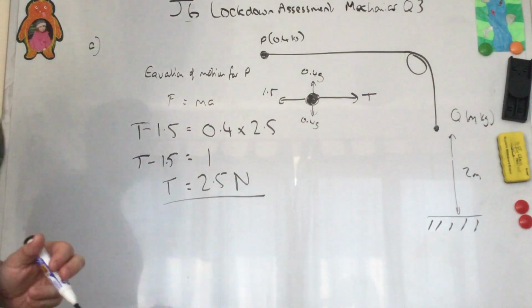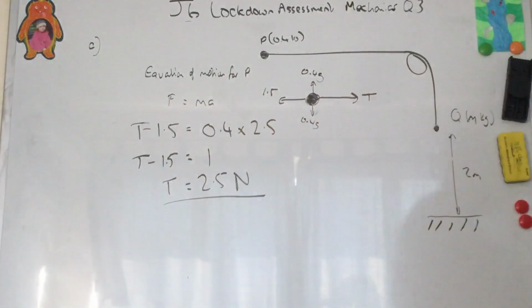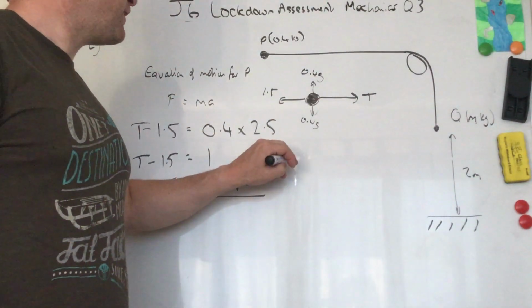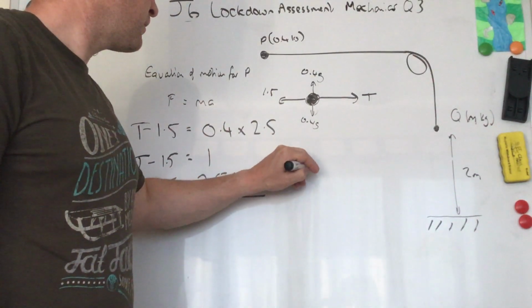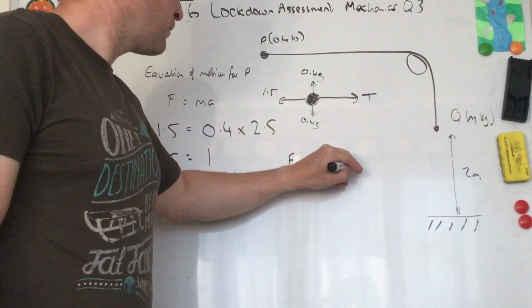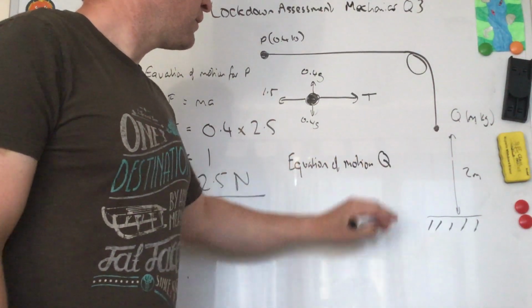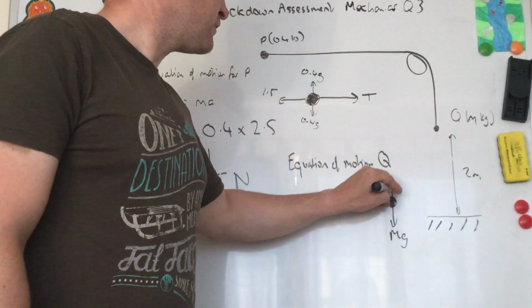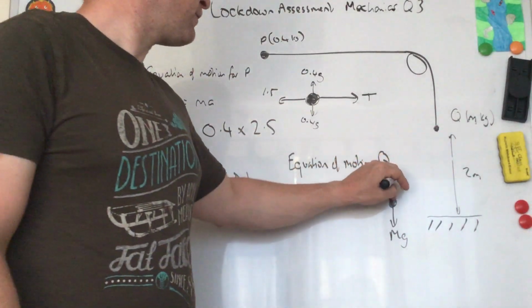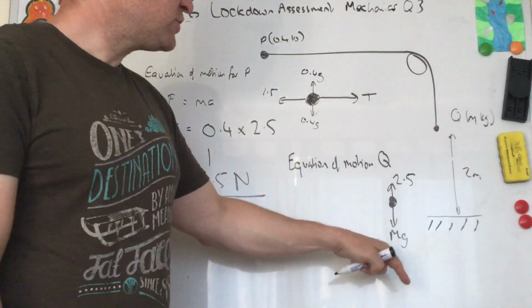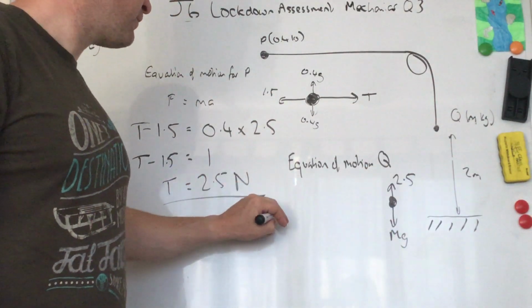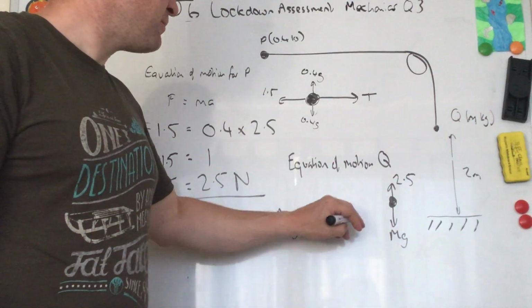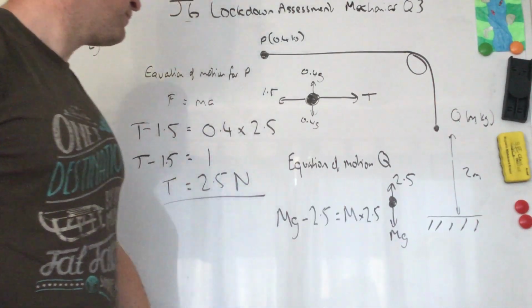It's that simple. And then the next part of the question, I think it's part 2, find the value of M. So if we do an equation of motion for Q, Q has got weight on it, mg, and it's got tension on it, and we know the tension now, it's 2.5. It's accelerating downwards, so the resultant force is mg minus 2.5. So mg minus 2.5 equals the mass M times the acceleration 2.5.